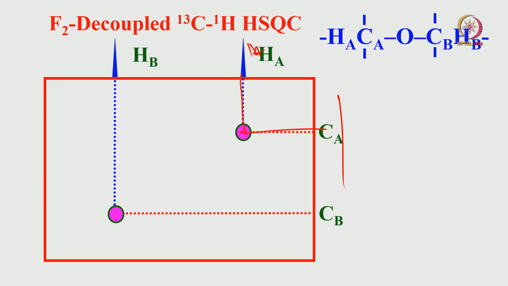Just go horizontally, you get the carbon 13 chemical shift. In the heteronuclear spectrum, this dimension corresponds to carbon 13 or any other X nuclei, and in this dimension, if you go vertically, you will get the proton chemical shift. This is the F2 coupled HSQC spectrum of this hypothetical molecule.